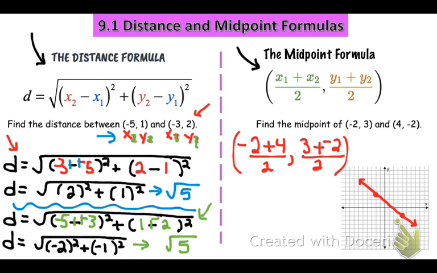That simplifies to 2 over 2, which is 1, and 3 minus 2 is 1. So our midpoint is 1 comma half. So if you look at our graph here, if I went over 1 and up half, that's right there. So that's the midpoint of those two ordered pairs.